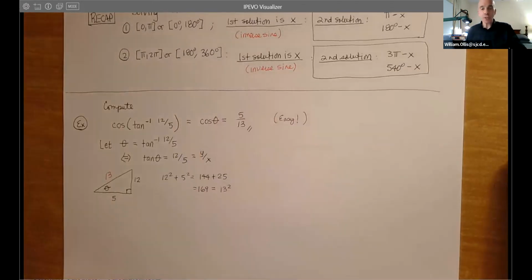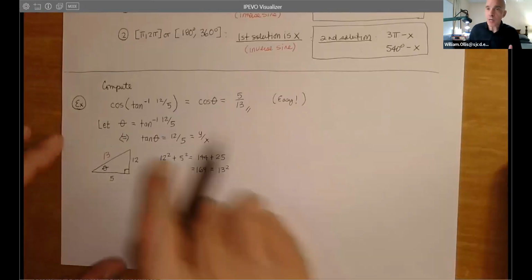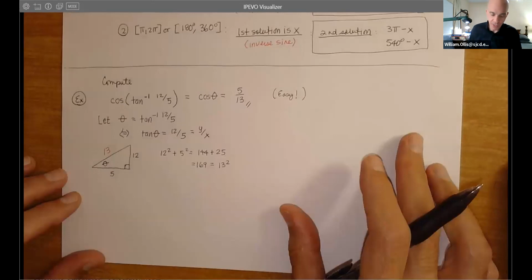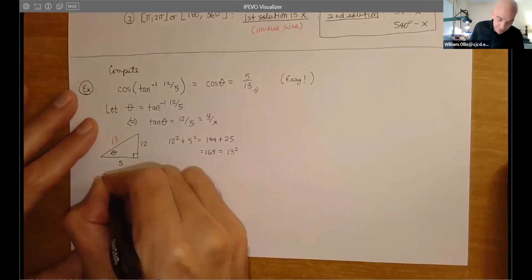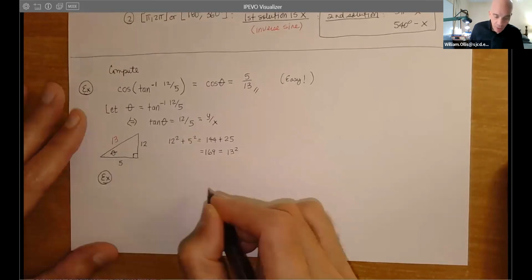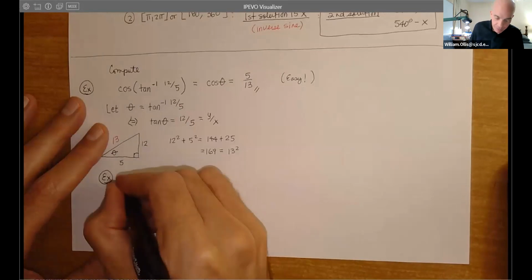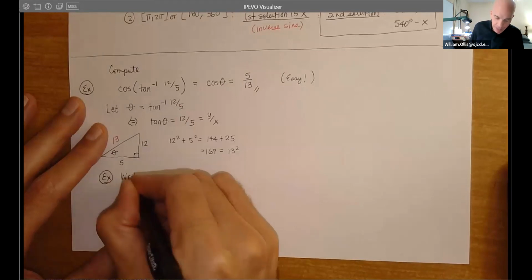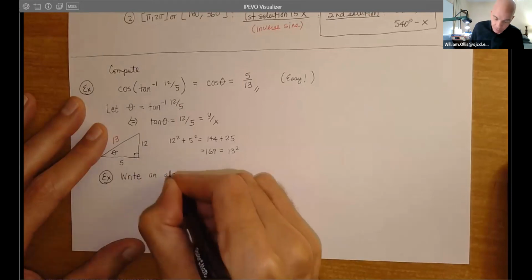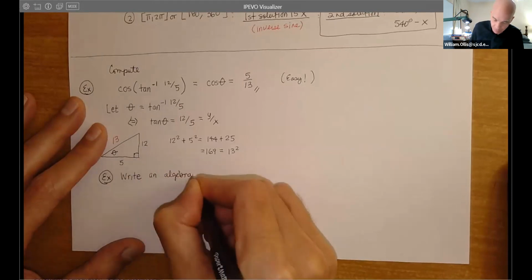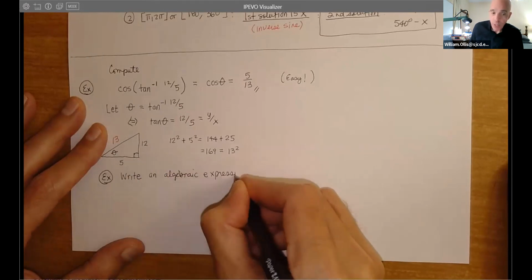Now, another thing that we can do is take this idea and do an algebraic expression, just to finish this off before I quote the law of sines. So now we can do the same procedure, that is, write an algebraic expression for another composition.